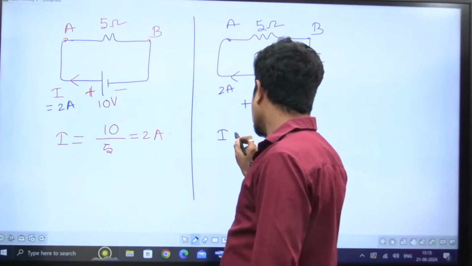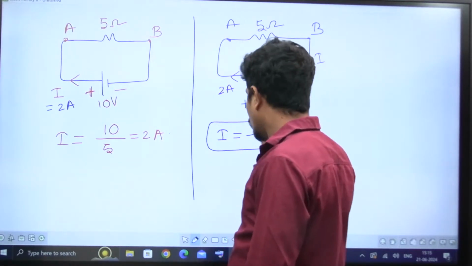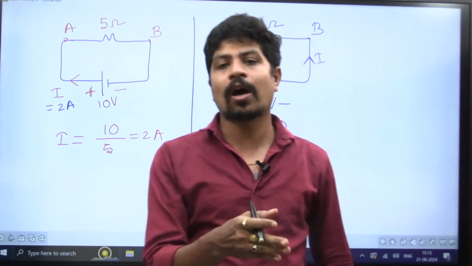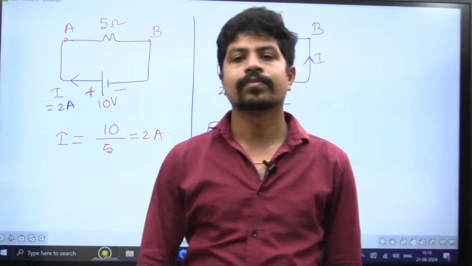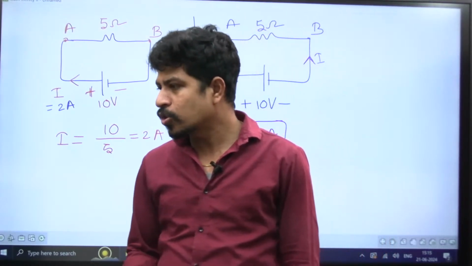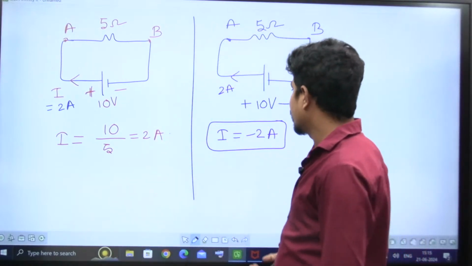Therefore, I is equal to minus 2 amperes. So current is negative. It means you assume some direction of current, but it is flowing opposite to that direction. That's why current is minus.